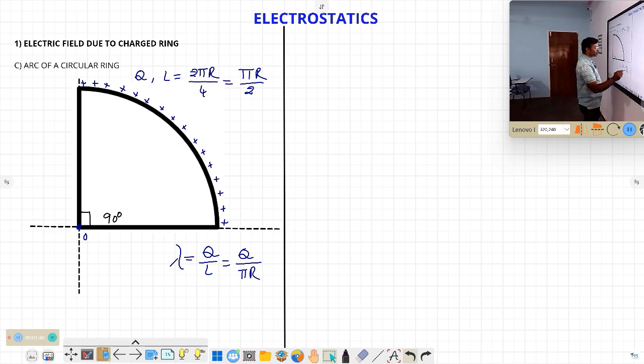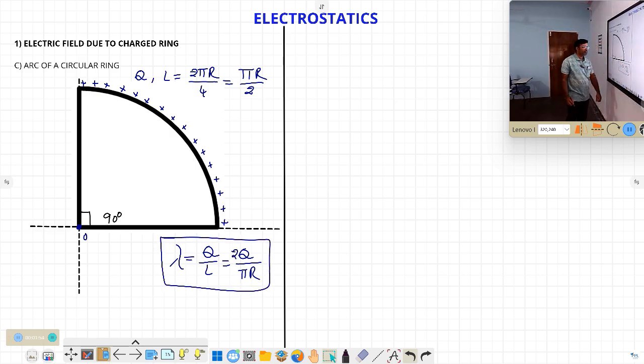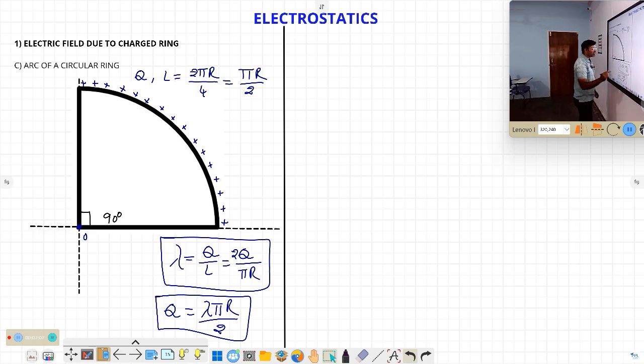So charge q is equal to lambda into pi r by 2. This is the total charge on the wire in terms of linear charge density.